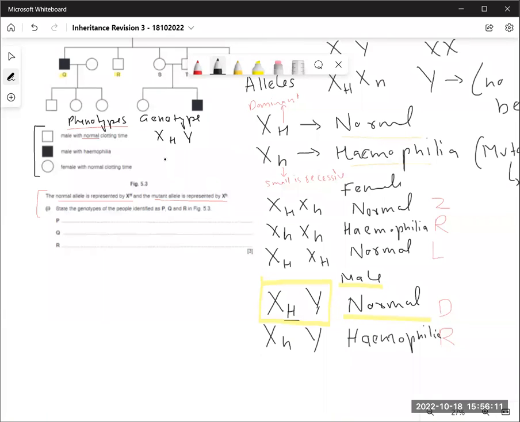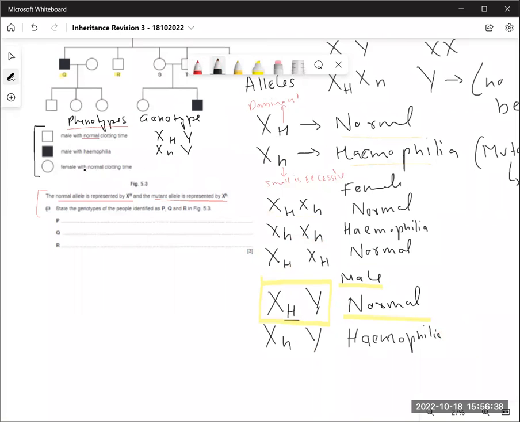What is the possible genotype? Which of these is it? This one, this one, this one, or this one? They're asking us male with hemophilia. The last one. So that is X small h and Y.